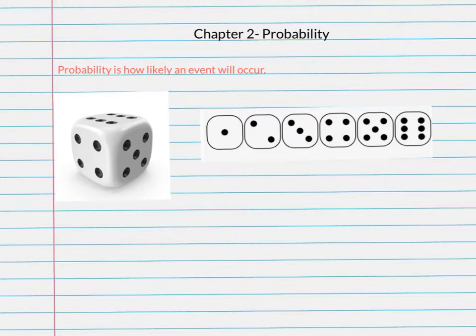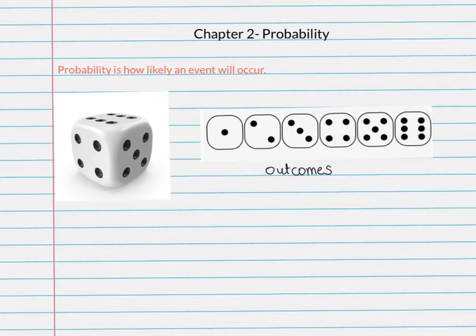So those are my outcomes for the event rolling the dice. So please keep in mind we have something called an event, and from this event we might have possible outcomes or results, but it's better to use the word outcomes.